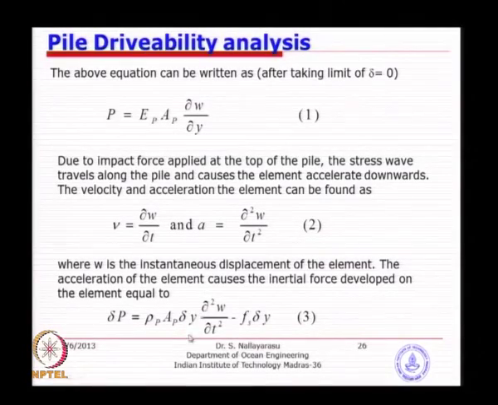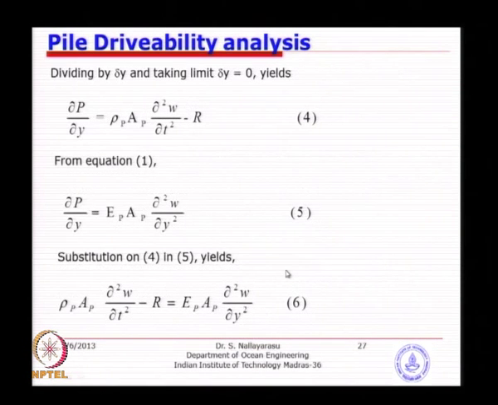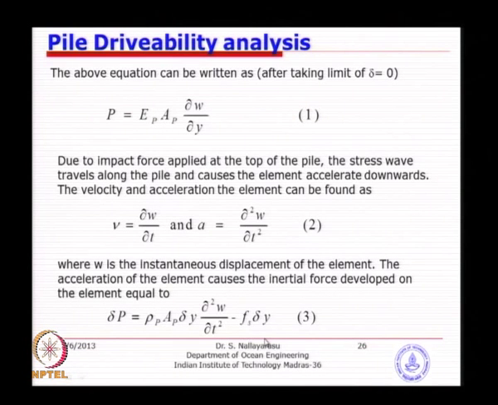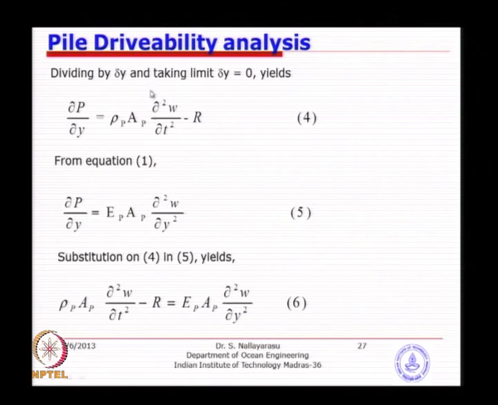Then the acceleration multiplied by thickness multiplied by area gives the volume, multiplied by the density of the pile material, rho p, gives the mass, and mass times acceleration will be your force. You take the first equation and differentiate with respect to t, and you can rearrange this delta y. I have written it on the next page: delta p by delta y will be, just rearranging the terms, an equation of this kind.